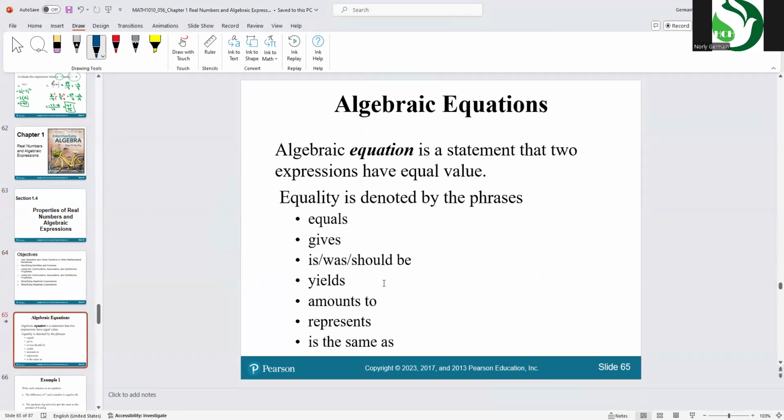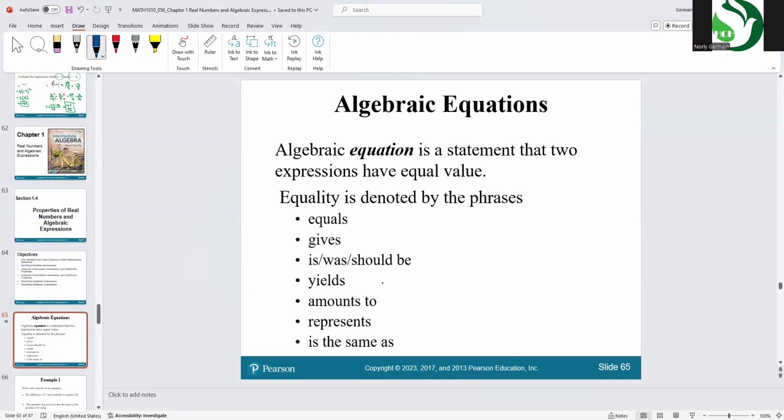In terms of algebraic expressions, an algebraic equation is a statement that two expressions have equal value. So if you go directly with the definition, an equation is a statement that two algebraic expressions are equal.